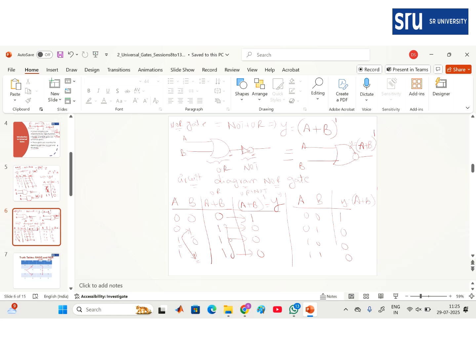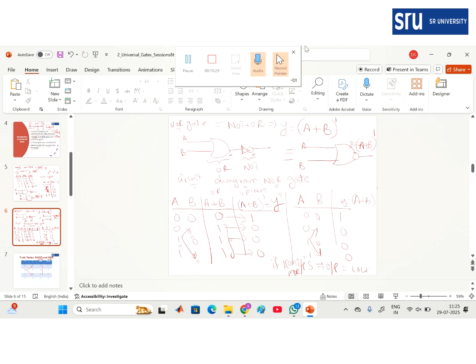In terms of the NOR gate, if one or more inputs are high, the output is low. So this is reversed, right? This is the OR gate operation and this is the NOR gate operation. These two are the universal gates, so through these universal gates we can design any type of circuit.